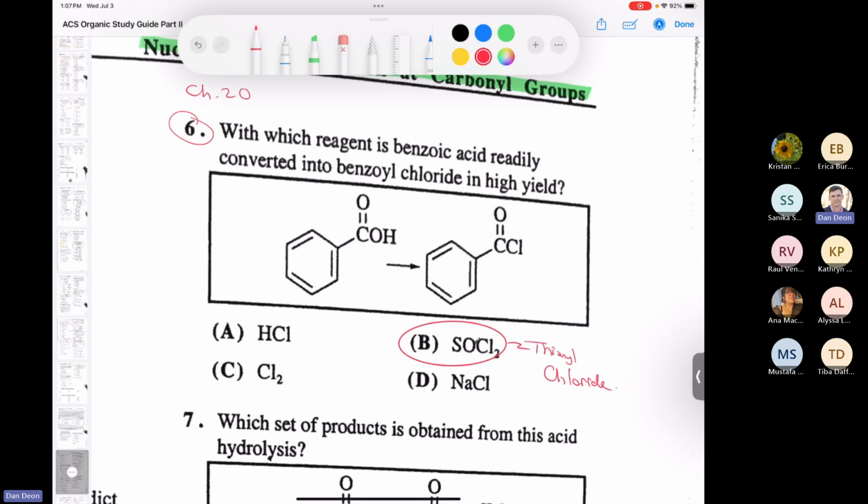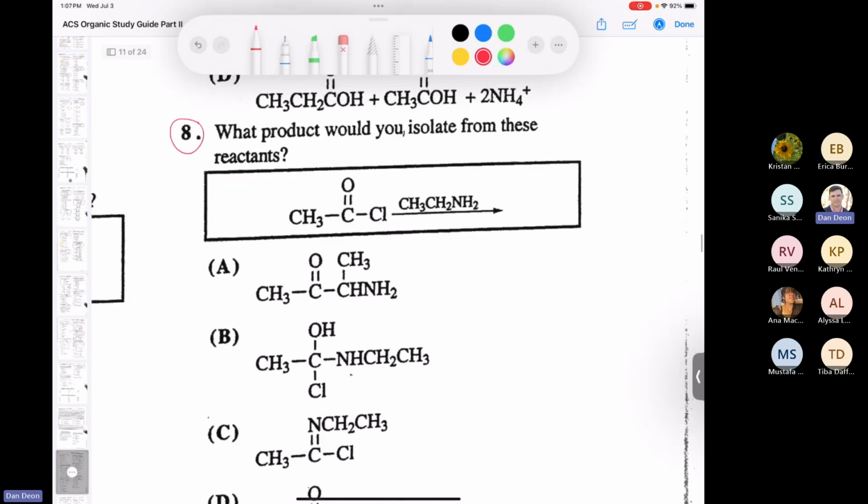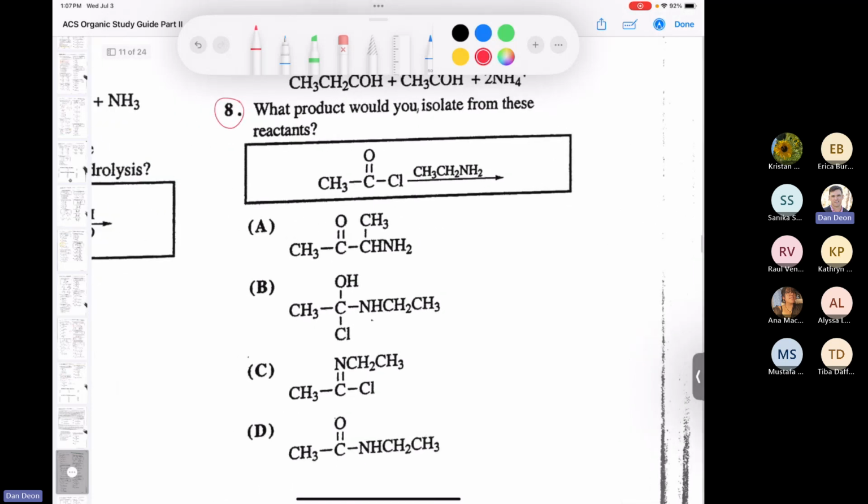Well, we've been talking about acid chlorides in the last 2 problems. So let's take a look at question number 8. It said, what product would you isolate from these reactants? Now here we're taking an acid chloride and we're treating it with an amine. Now we know that if you want to react an acid chloride with an amine, based on what we covered in chapter 20, you actually need 2 equivalents of this. It's not stated, but it's presumed that you would have 2 equivalents.